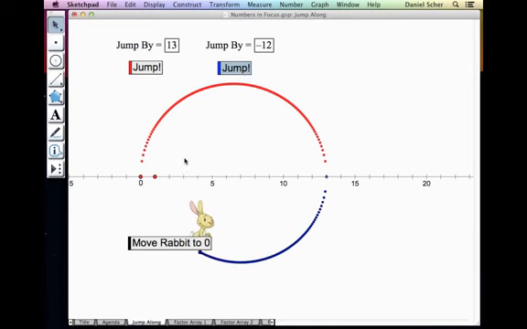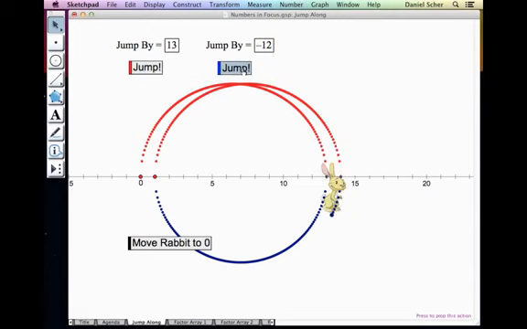And where are we going to go next? Well, we're not going to get anywhere here between 1 and 12, but we could jump by 13 again and get all the way to 14. And from 14, we could jump back by 12. And we can form this really interesting pattern because we see the arcs that the rabbit makes, and we can keep jumping back and forth.